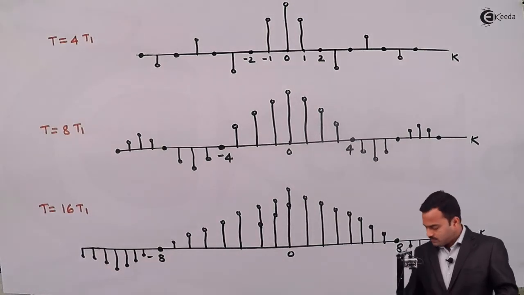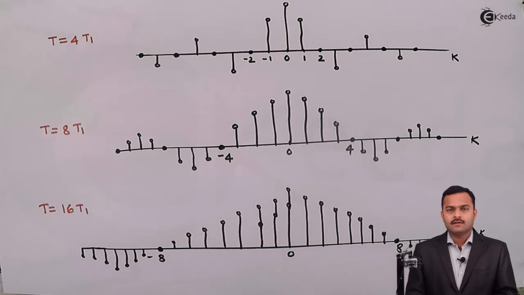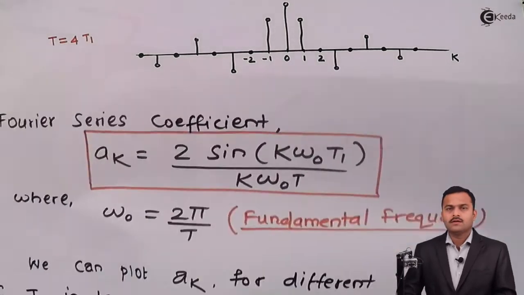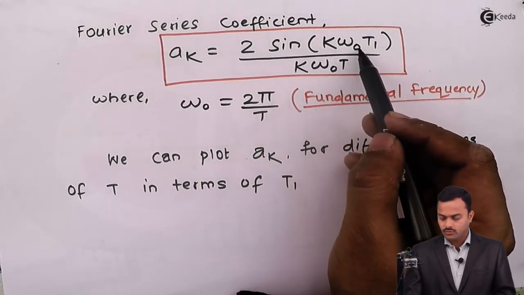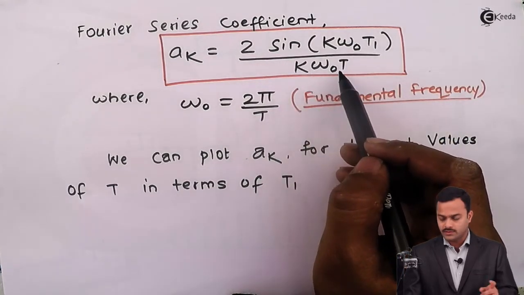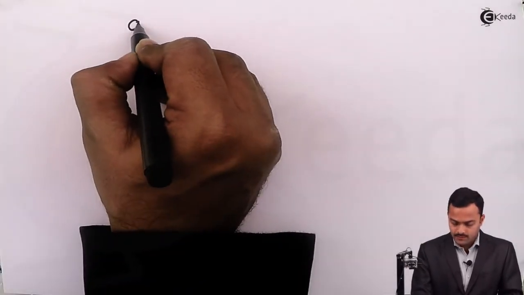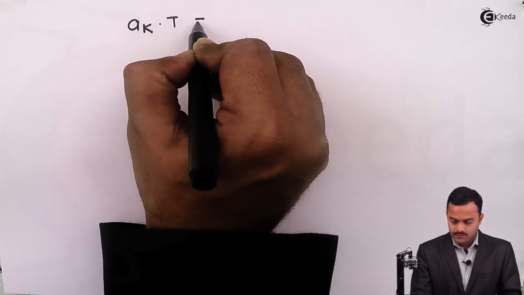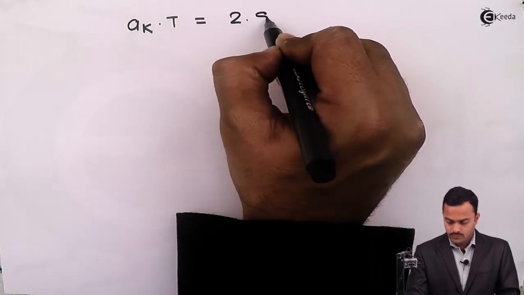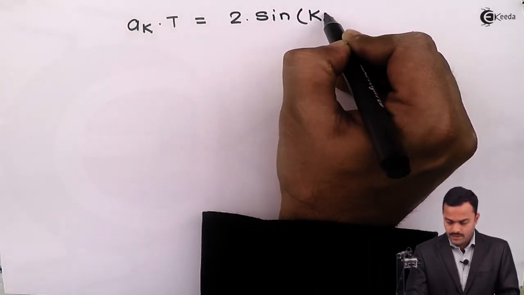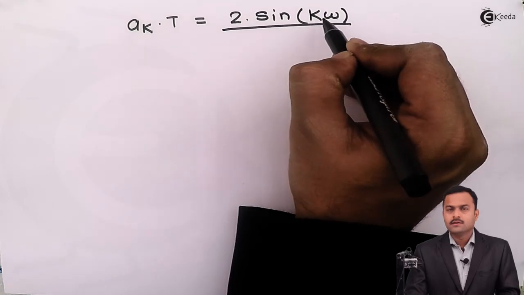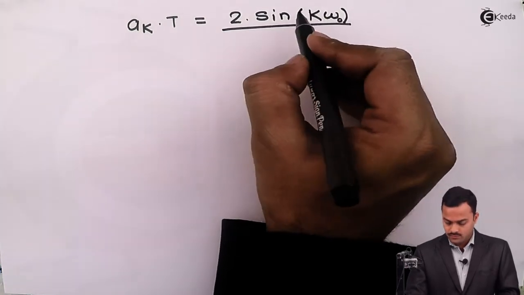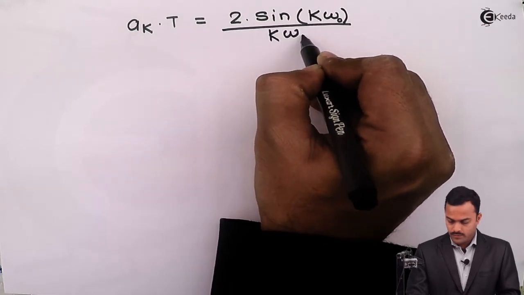Now what are we going to do? We have the Fourier series coefficient given by a_k equals 2 sine(k omega 0 T1) divided by k omega 0 T. I will modify it and make it a_k times T equals 2 sine(k omega 0 T1) upon k omega 0.